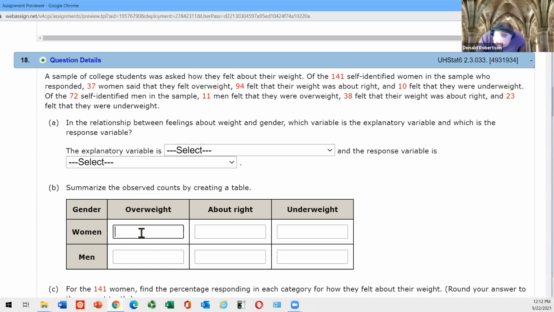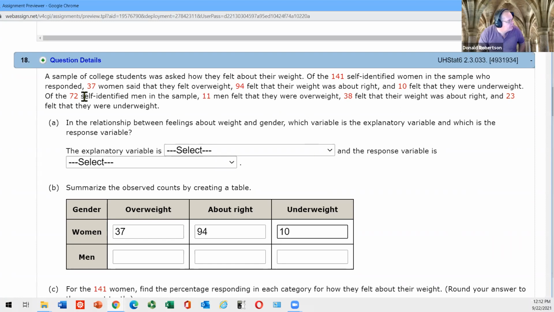So I'm going to put that in. 94 felt that they were about right, and 10 thought they were underweight.